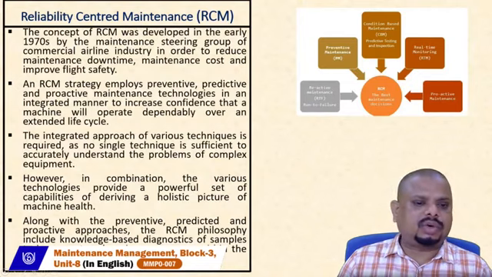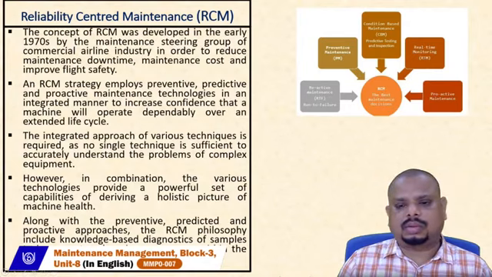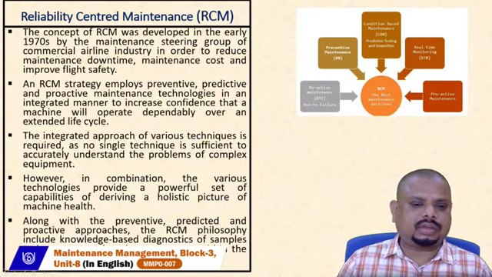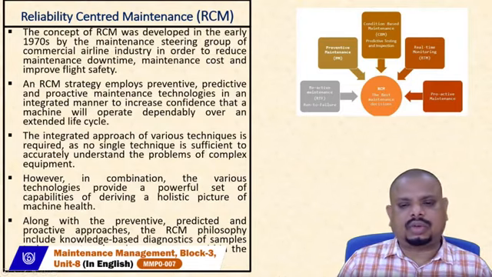So an integrated approach of various technologies is required, as no single technology is sufficient to accurately understand the problems of complex equipment. Let's take an example of computer numerical control machines which have 6 axes. These 6-axis CNC machines are vastly used for complex parts manufacturing.